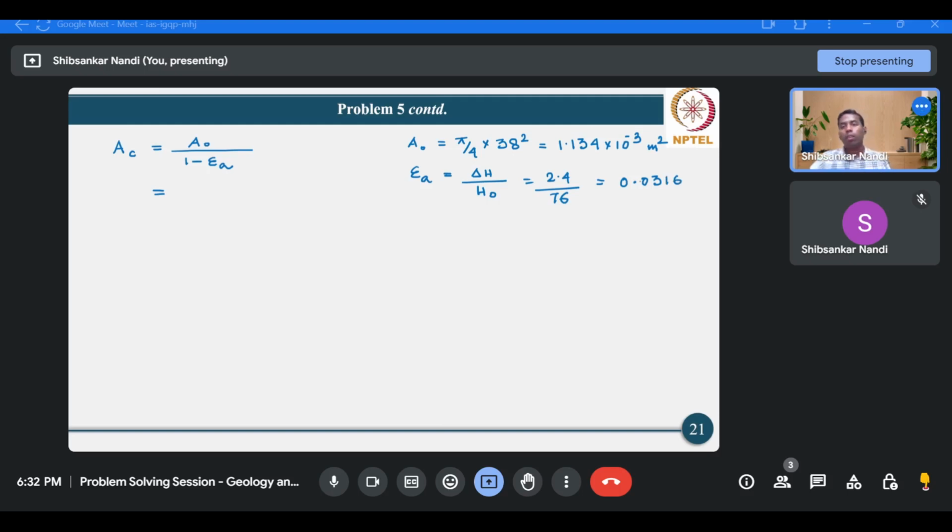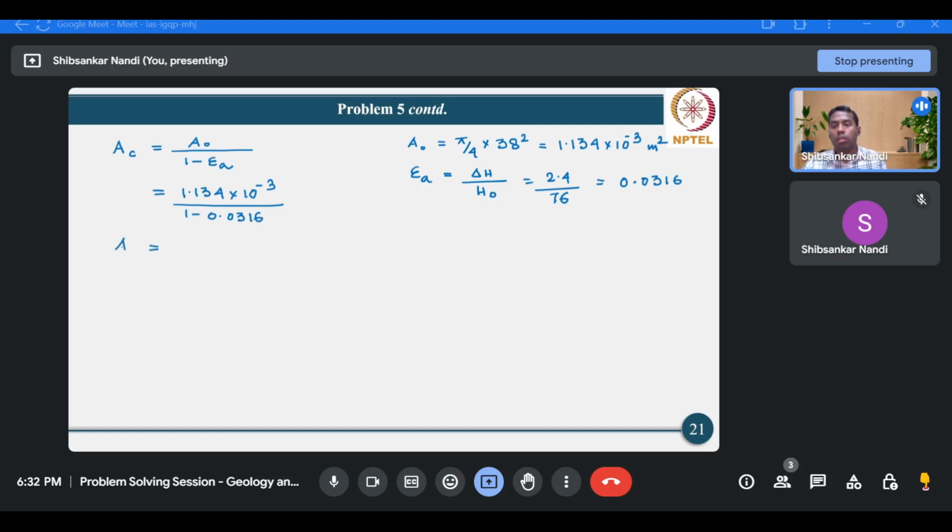Now if we substitute these values here, it would be 1.134 into 10 to the power minus 3 divided by 1 minus 0.0316.